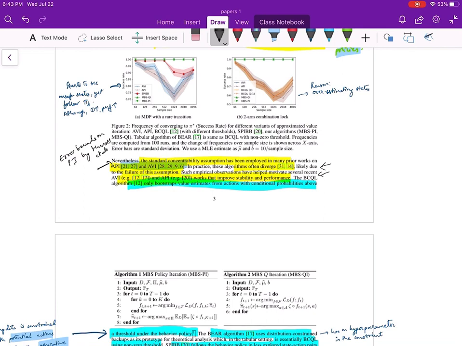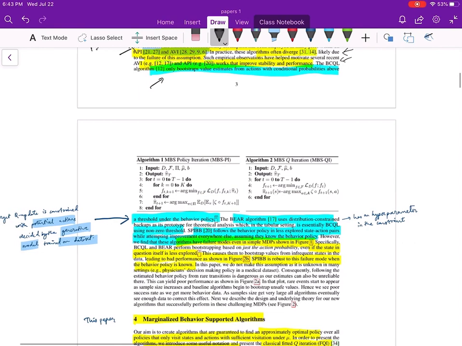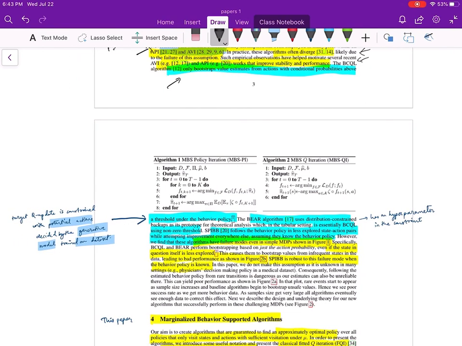What BCQL does is only bootstrap value estimates from actions. Basically, you would have a target Q objective which is constrained on the potential actions decided by some generative model which is trained on the dataset. That's a really TLDR version of what BCQL is doing.